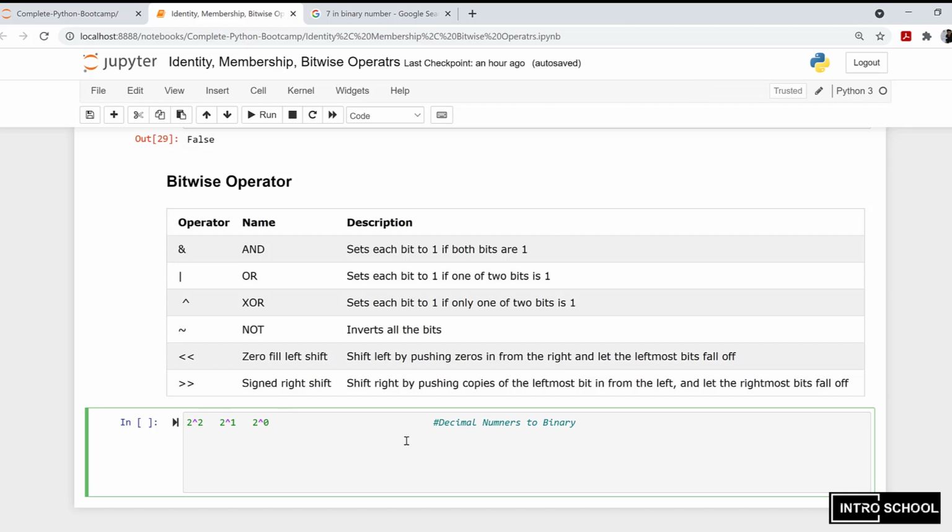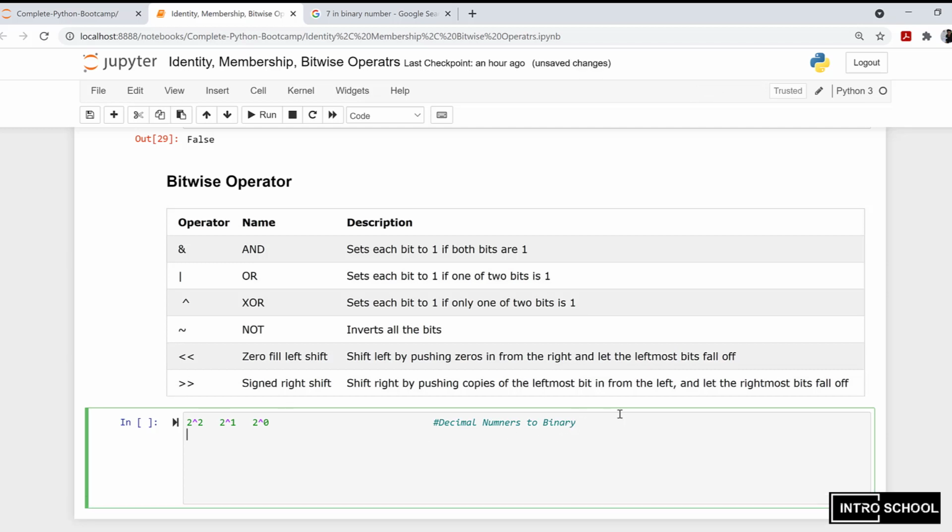Now if I want you to present the numbers from 1 to 7, how will you do that? The first number is 1. You know that 2 raised to the power 0 is 1, so I will write 1 here and 0, 0 in the other places. This is the number 1. Now I want to write the decimal number 2 in binary.